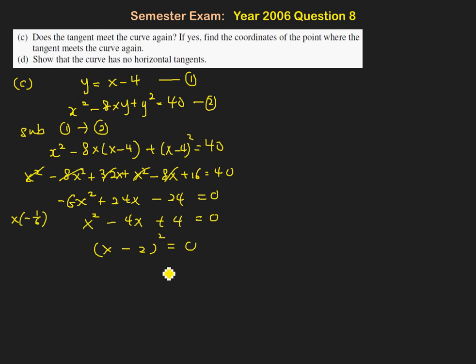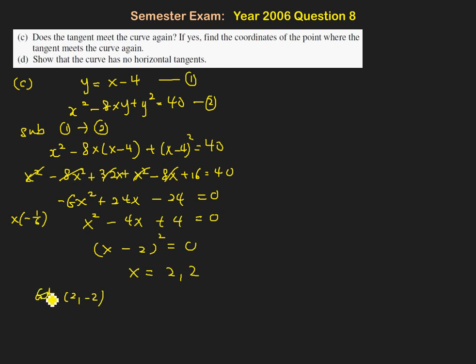If you think about it, this is in fact the square of x minus 2, and so if you solve this, you get repeated roots, and that means only one thing, and this in fact is the point given earlier to you, the point (2, -2). So this is the only point of contact between the curve and the tangent, and there's no other point.